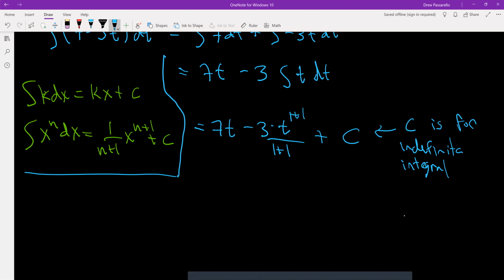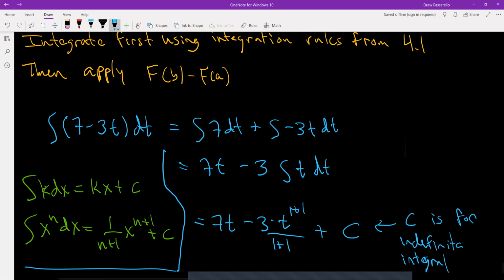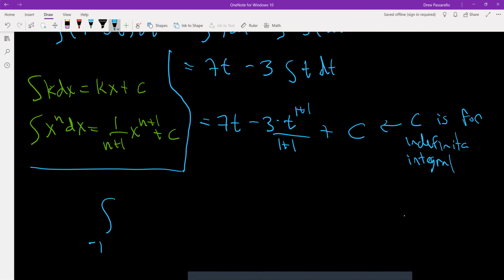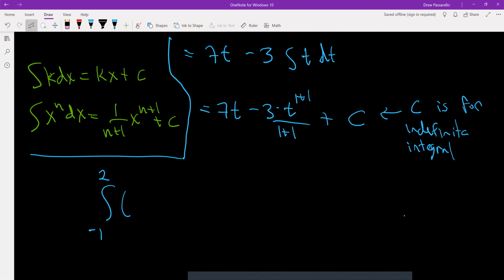So for the definite integral, the bounds are negative 1 to 2. And so we integrated 7 minus 3t dt. And we got it to be 7t minus 3 halves, since 1 plus 1 is 2, so minus 3 halves t squared.